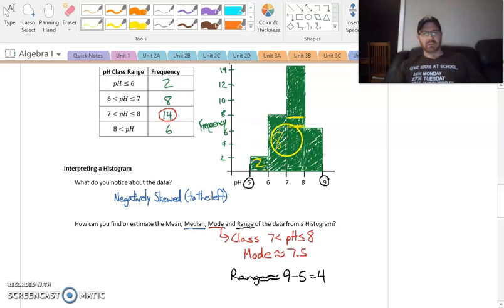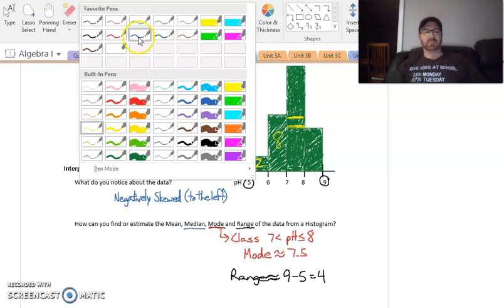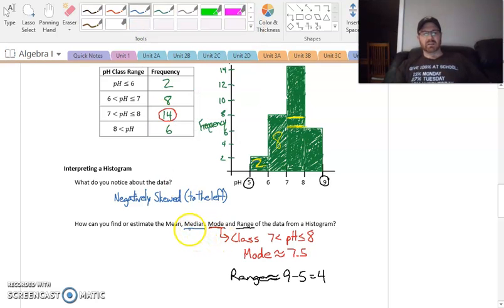Well, both of those have a value in this class between 7 and 8. So we would say that our median is going to be the average of those, or it is also going to be in the class between 7 and 8. So we would say that the median is approximately 7.5 as well. Just like the mode, we take the middle of that value.